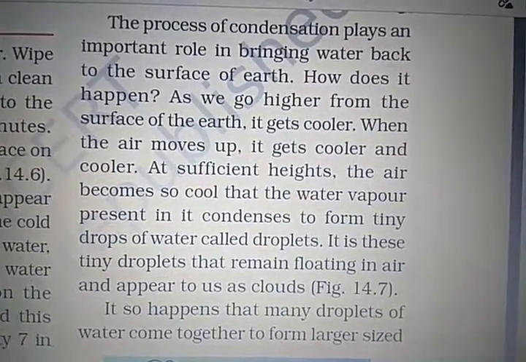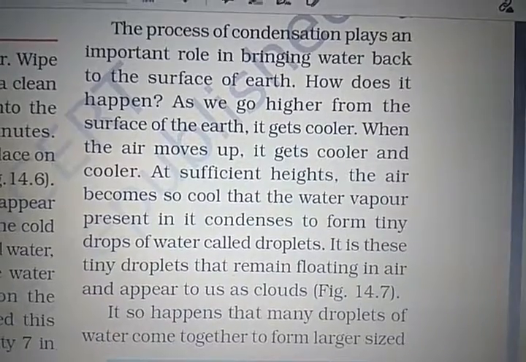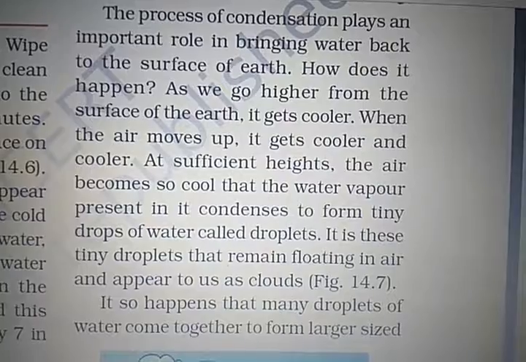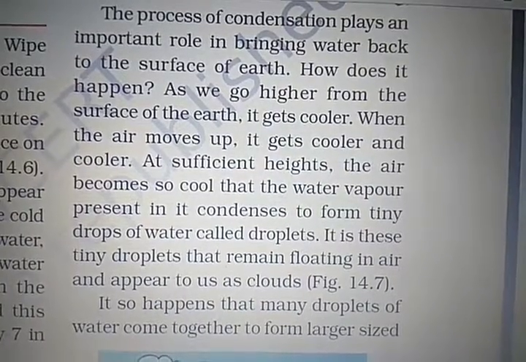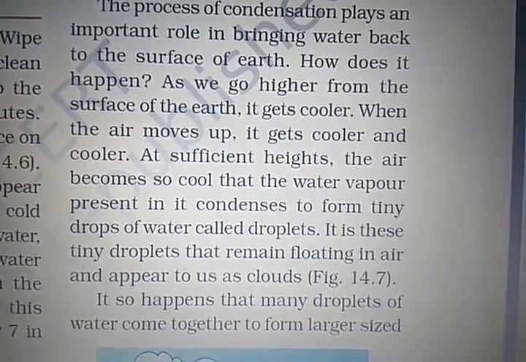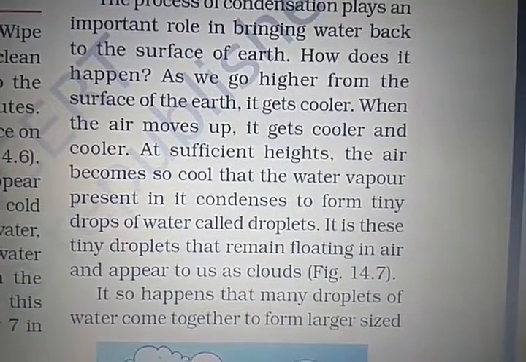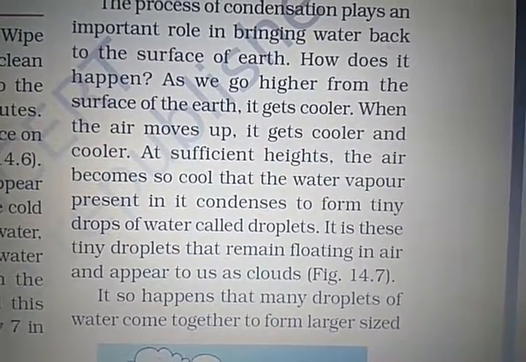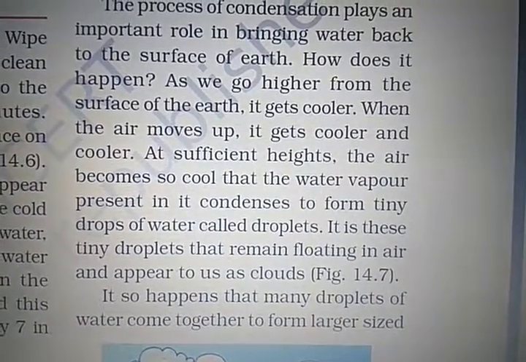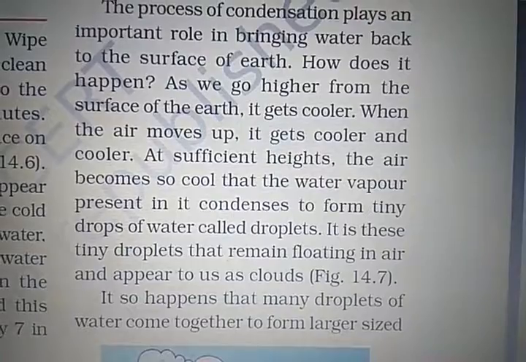When the air moves up, it gets cooler and cooler. At sufficient height, the air becomes so cool that the water vapor present in it condenses to form tiny drops of water called droplets, and it is these tiny droplets that remain floating in the air and appear to us as clouds.